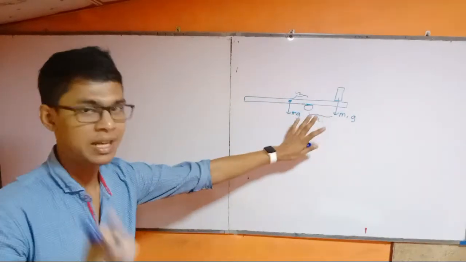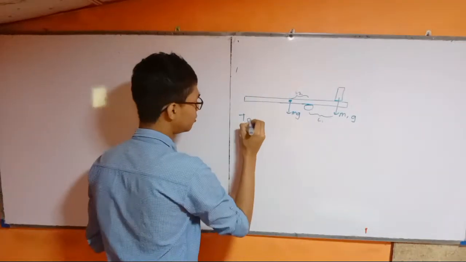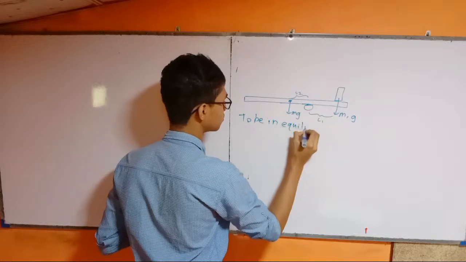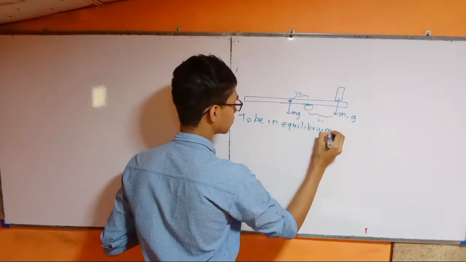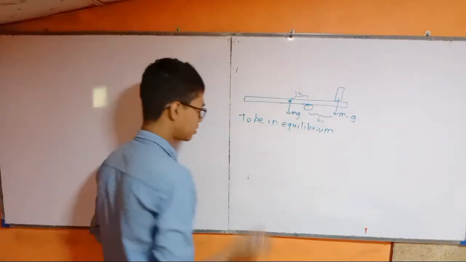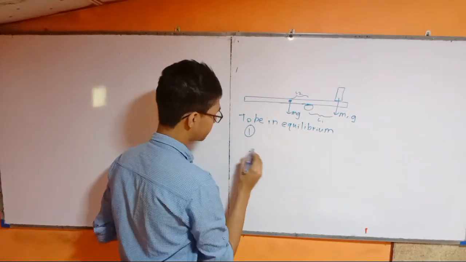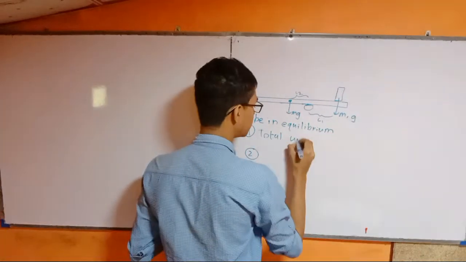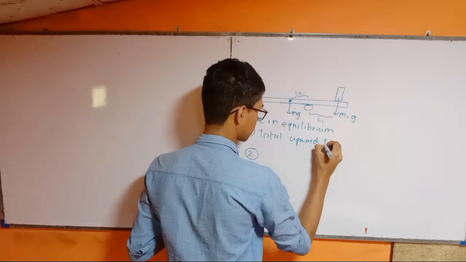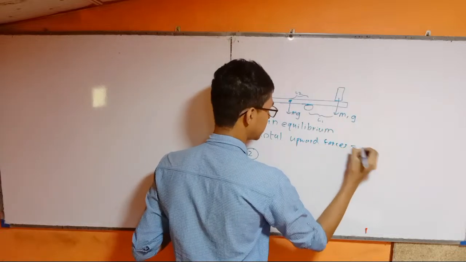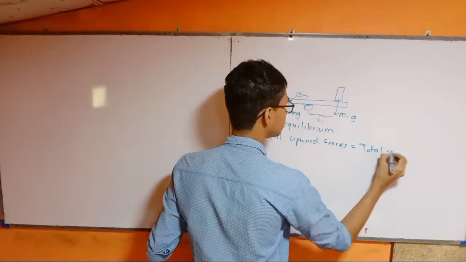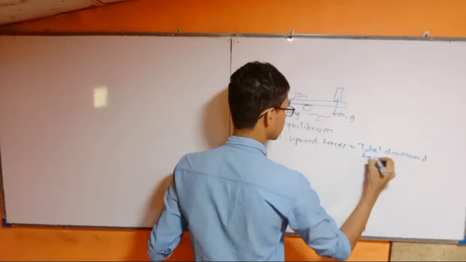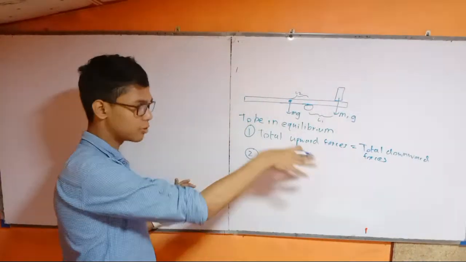To be in equilibrium, there are two conditions. First, total upward forces equal total downward forces.